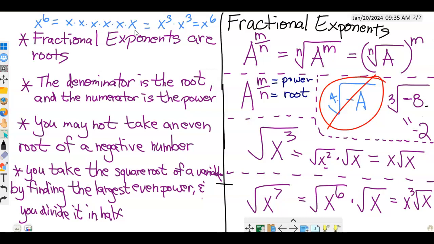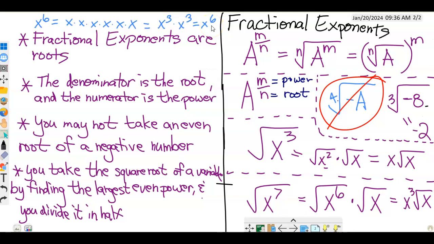Well, we could separate those so that we have x to the 3rd times itself, right? X to the 3rd times x to the 3rd is x to the 3 plus 3. You add the exponents when you're multiplying by the same base. So that gives us x to the 6th.